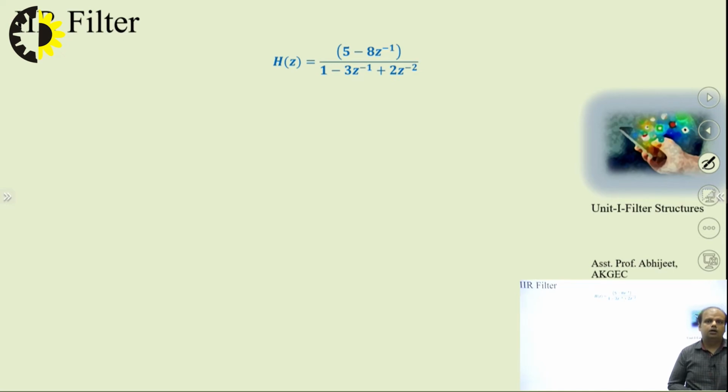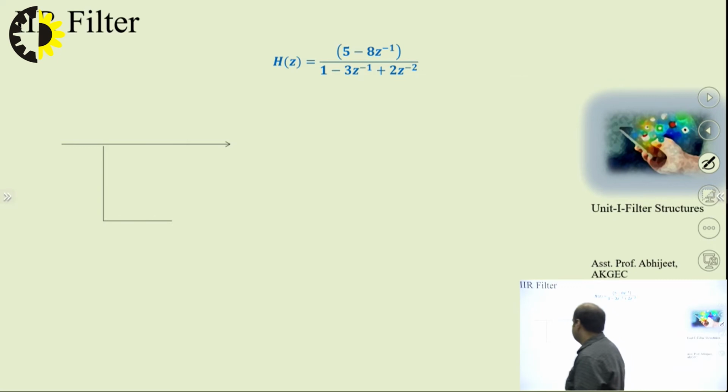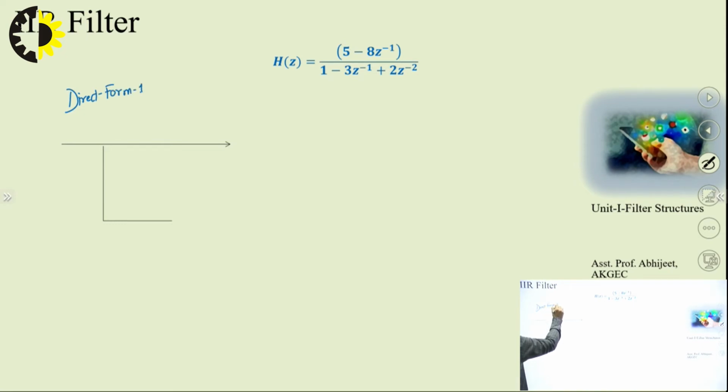Now if this is the transfer function, I want to realize this system. So we will realize the same system, firstly using the direct form 1 structure. If I am using direct form 1, then we'll use one delay.